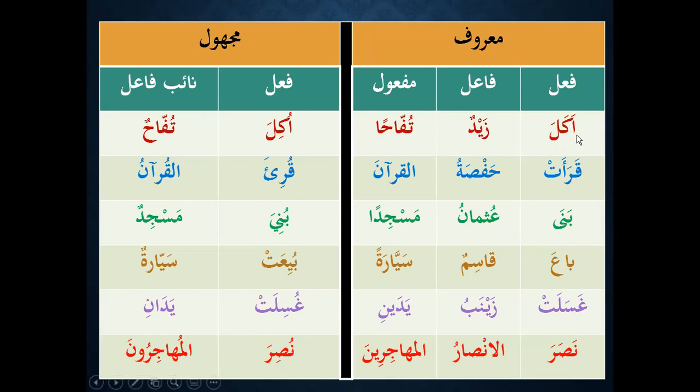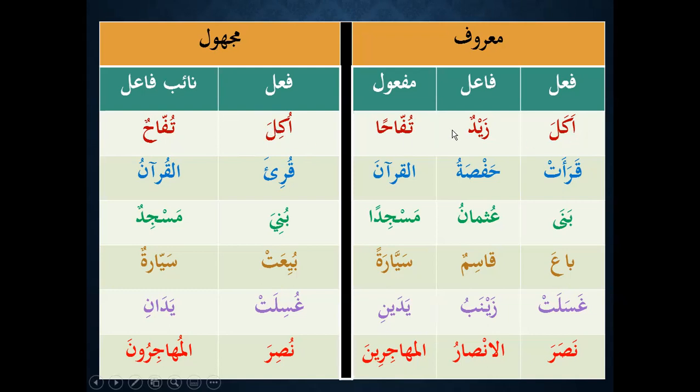So, akala, ukila. He ate who? Zaid. Zaid ate. Something is being eaten: tufahun, so, an apple. An apple is eaten. Actually, it was, because it's past: an apple was eaten. The doer is not mentioned.